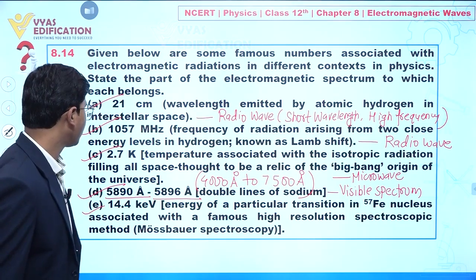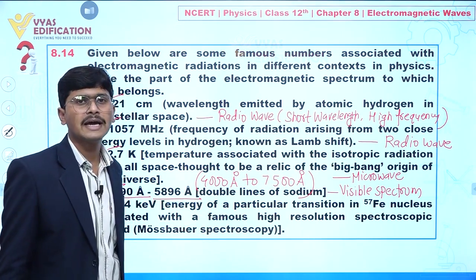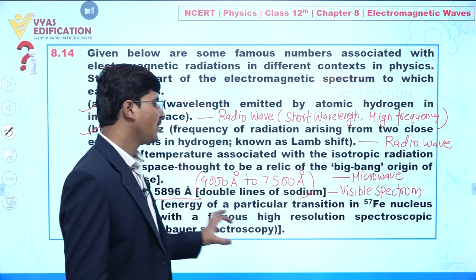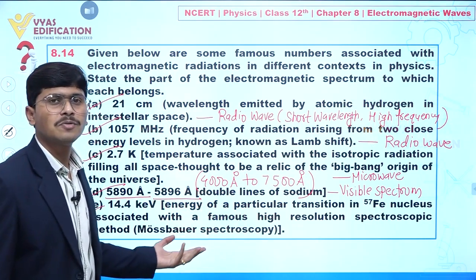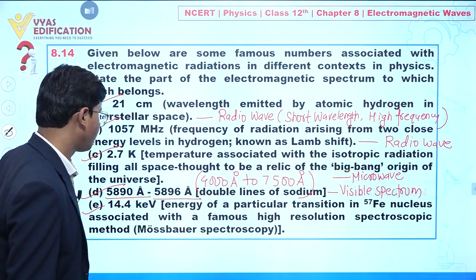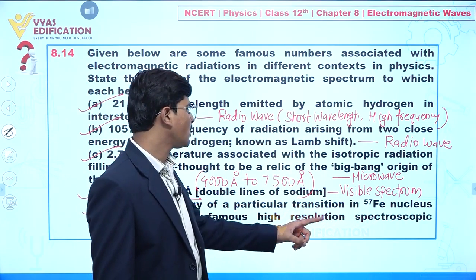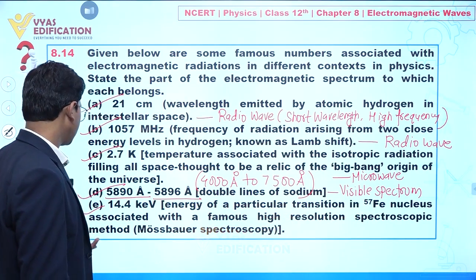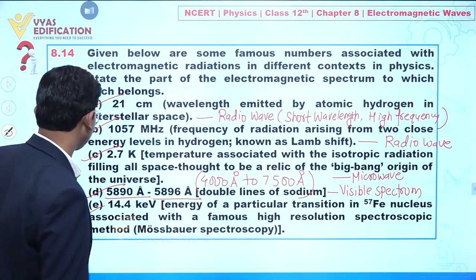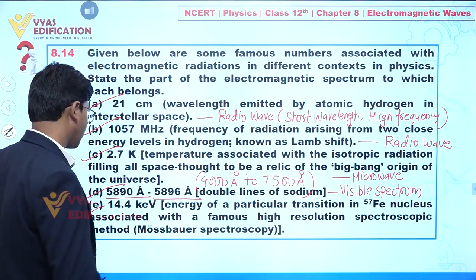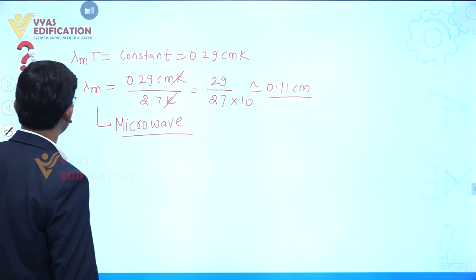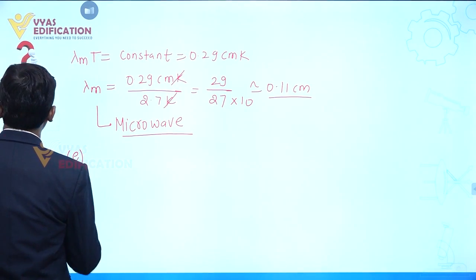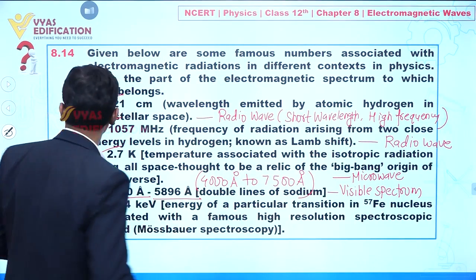Now we are going to discuss the last part. In the last part, 14.4 kilo electron volt energy is given to you. We have to find which part of the electromagnetic spectrum this is related to, clear. It is the energy of a particular transition in the 57 nucleus, associated with the famous high resolution spectroscopic method, okay, fine. So the energy is given as 14.4 kilo electron volt.